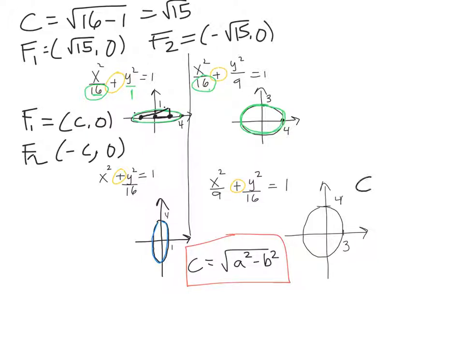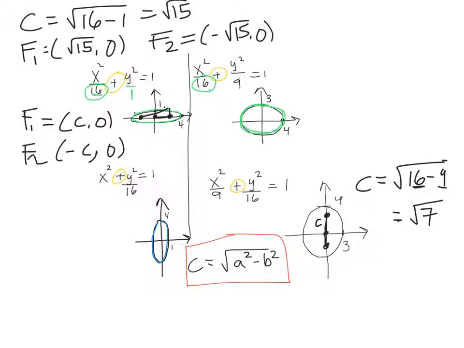So our c is the square root of the difference of our denominators. You just take the bigger one minus the smaller one. So in this case, it would be the square root of 7. And then because we open vertically, from the center, we're going up c or down c, but our x value from the center doesn't change.